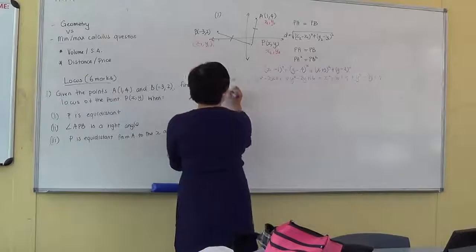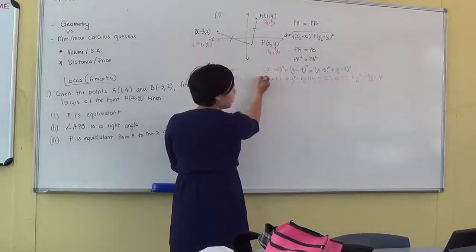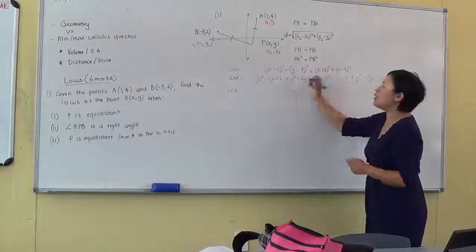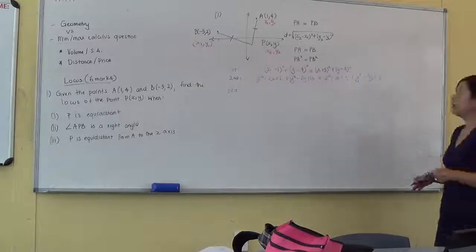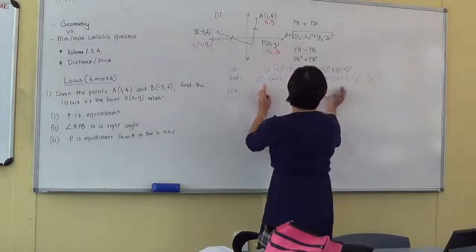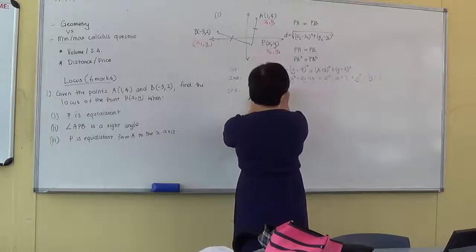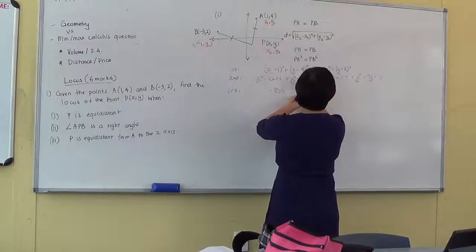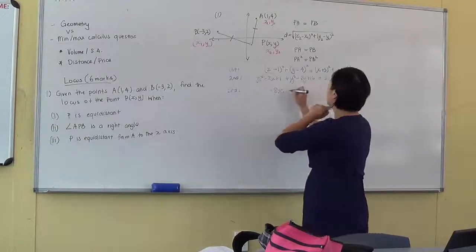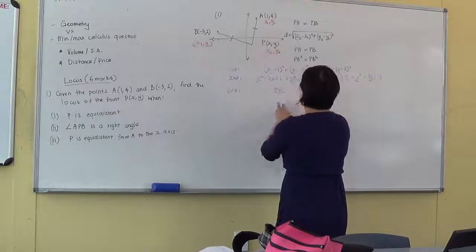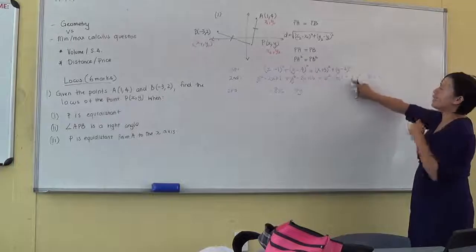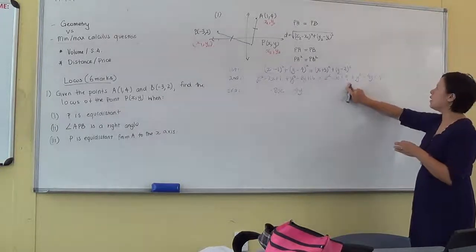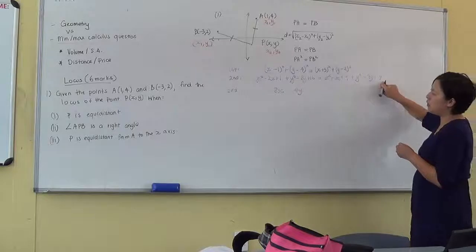Our x squareds are common on both sides, so we can cancel them. And our y squareds are common on both sides, so we can cancel them. Now I'm going to move all the x's to one side, so this becomes negative 8x, and this one becomes negative 4y. And then we add the whole numbers: 1 plus 16 is 17, 17 take away 9 is 8, 8 take away 4 is plus 4.